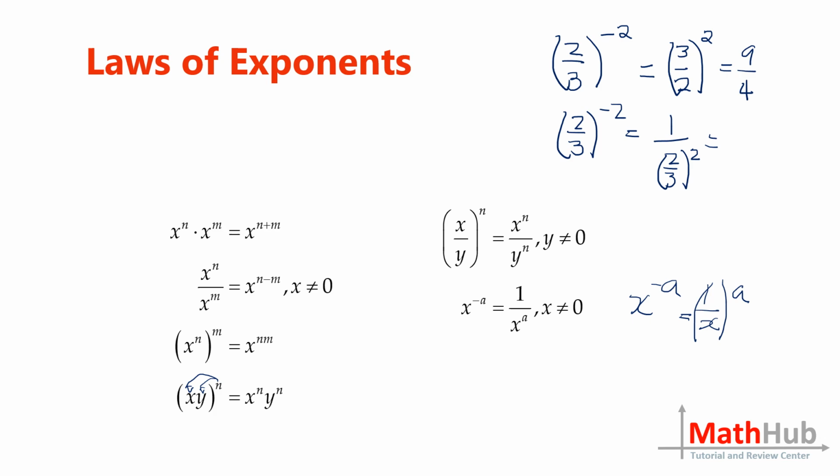If you simplify that, 1 over 4 over 9, and then division of fractions, this becomes 9 over 4. So it's a bit longer, right? So I always use this if my base is a fraction, okay? And also, a number raised to 0 is equal to 1.